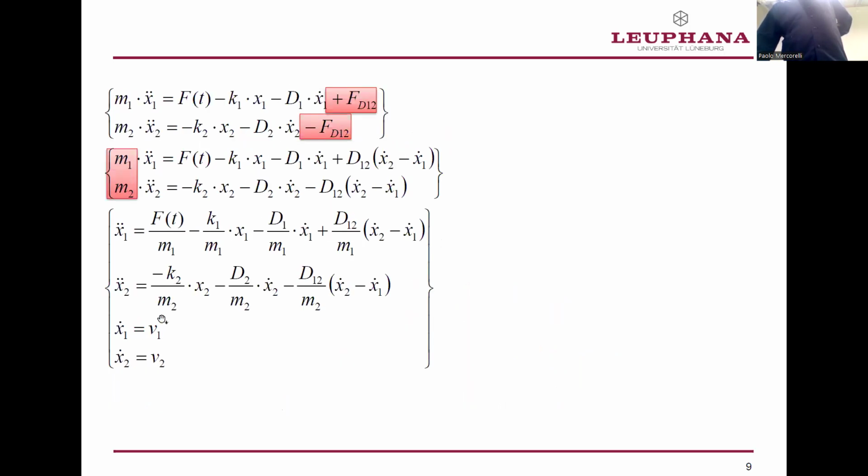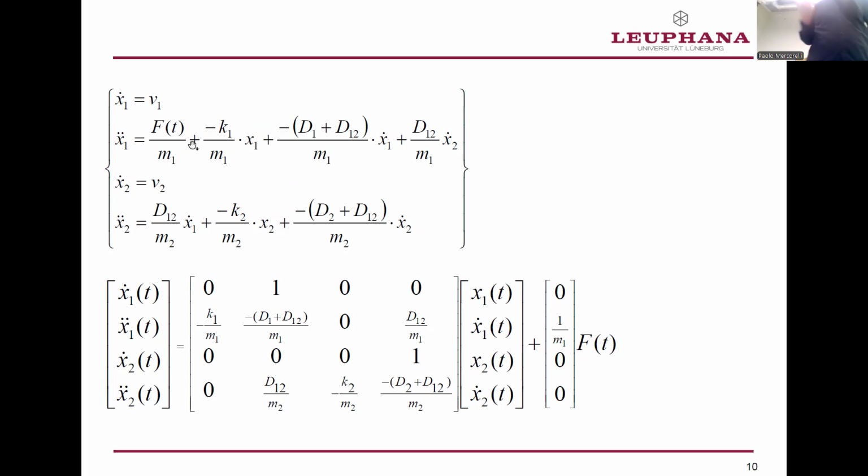At the beginning it was here. Typically, we order in this form here. And x1 dot, the second derivative of x1, is basically v1 dot, no? Because of this, you can put here v1 dot. And you can do the same here and here.